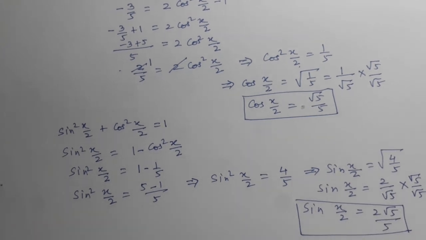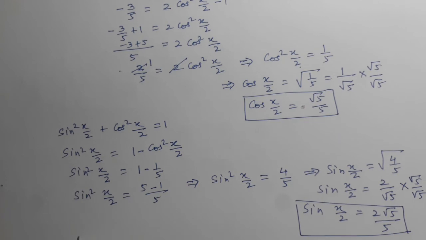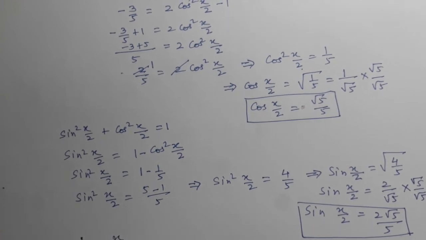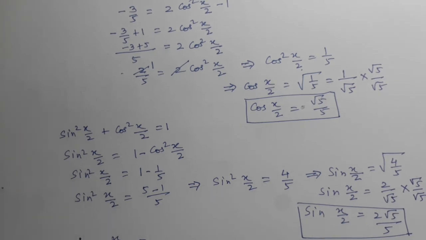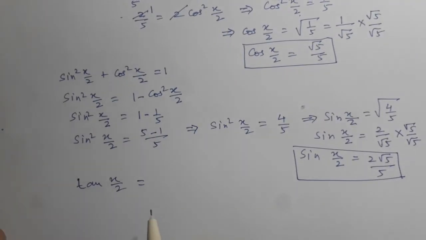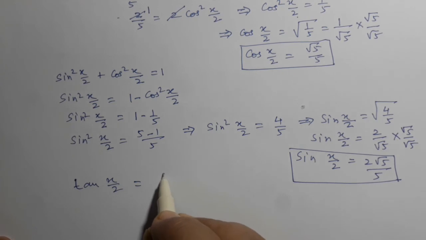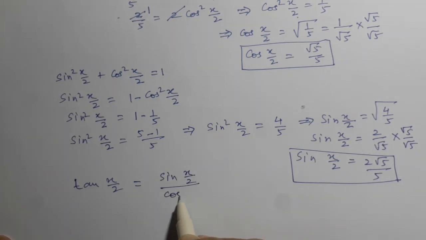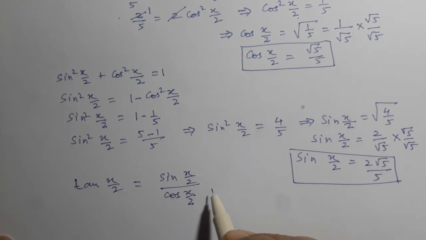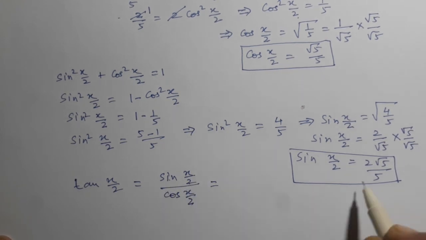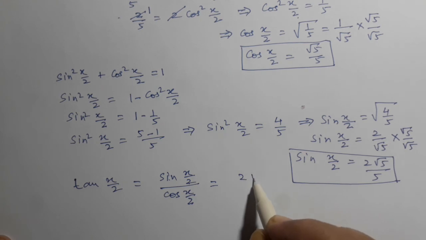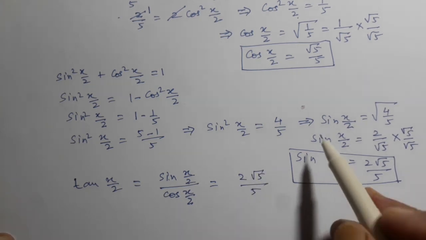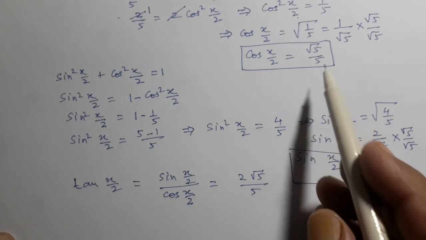Now tan x by 2 will be sin x by 2 by cos x by 2. For this, sin x by 2 is equal to 2 root 5 by 5, and cos x by 2 is equal to root 5 by 5.